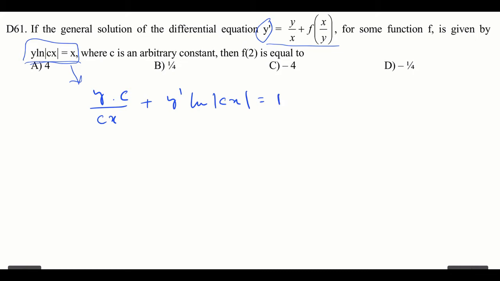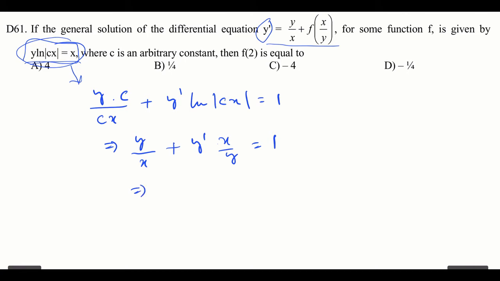plus y dash into ln mod Cx is equal to 1. So from this I get y by x plus y dash into ln mod Cx, from this is nothing but x by y, is equal to 1.